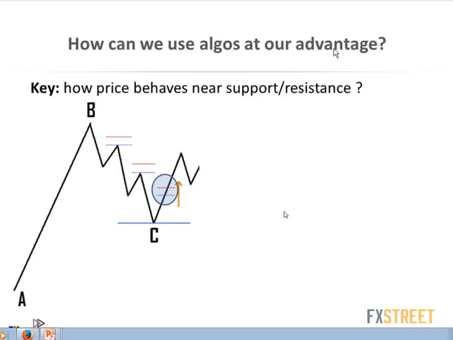The point is, as I showed you before, algorithms exist in the market, and that's a true thing, there is a proof of that. But also, some classes of algorithms that are very, very powerful also exist on all time frames.